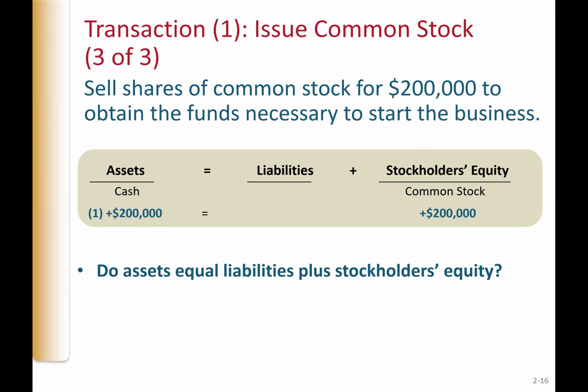Do you see on the left-hand side, assets have cash as a resource? That increased 200,000. Cash is an account. And on the other side of the equation, our stockholders' equity with the account called common stock also increased 200,000.